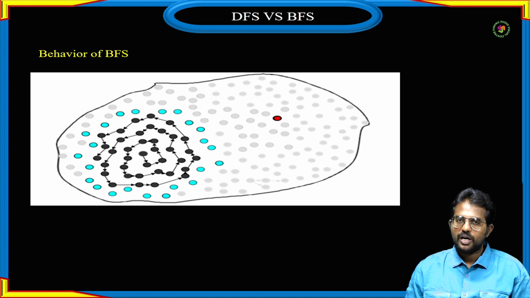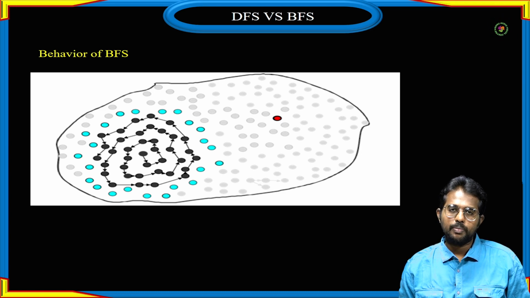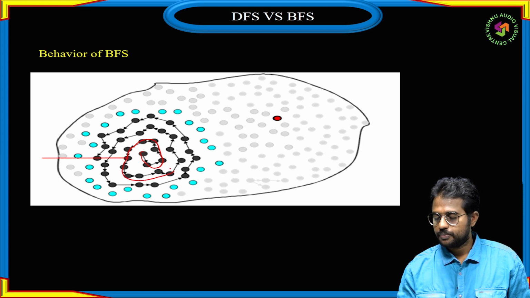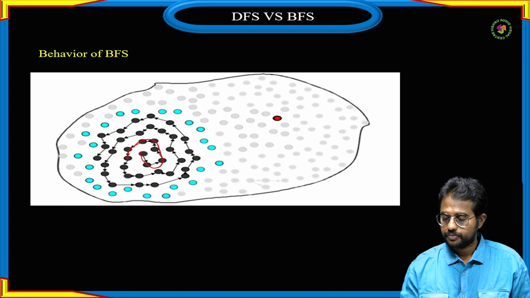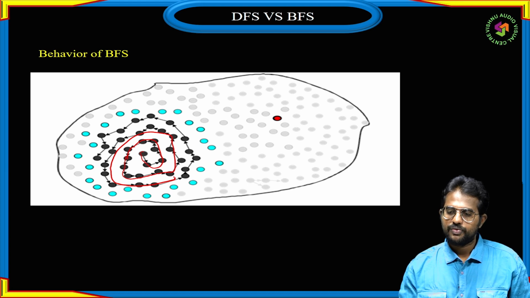So this is the behavior of BFS. In BFS, all the children of the starting node will be checked. After checking them, I will check the children of these children.